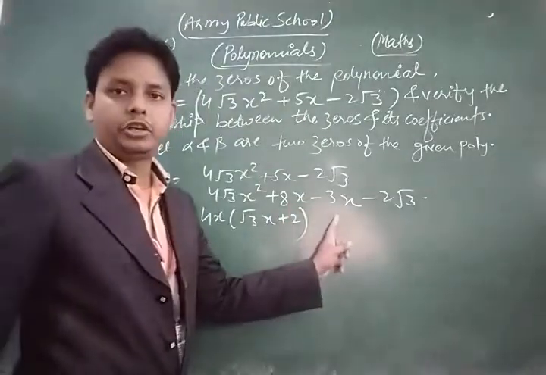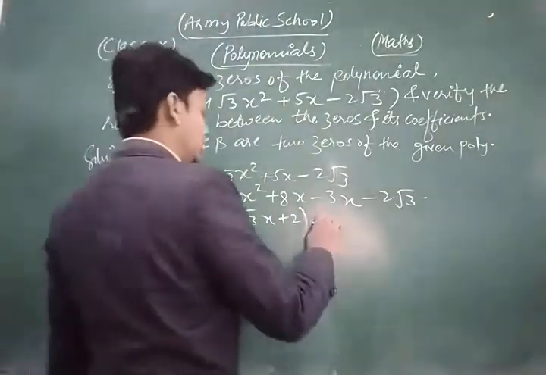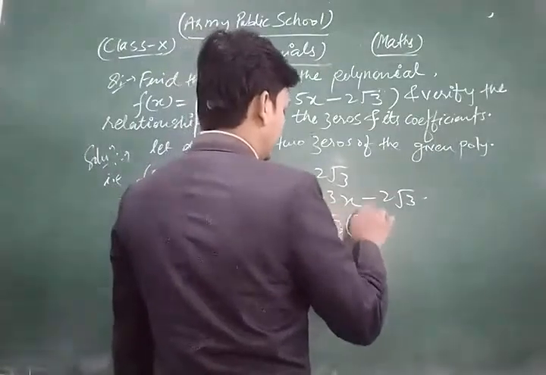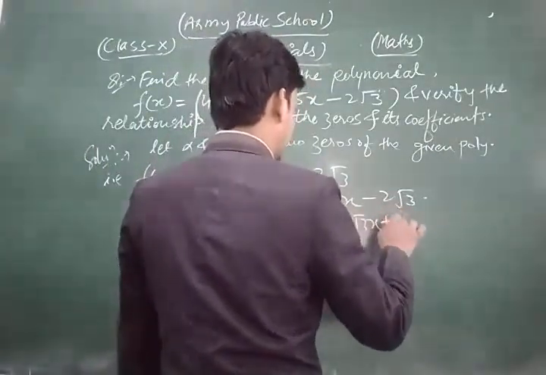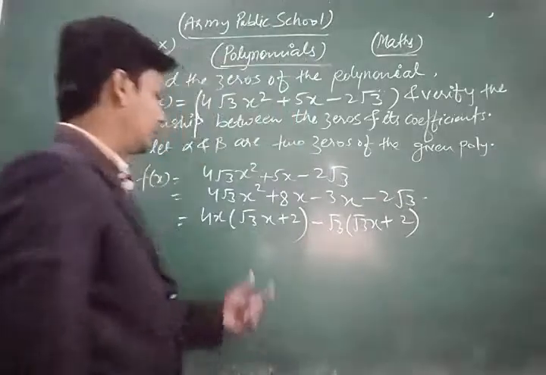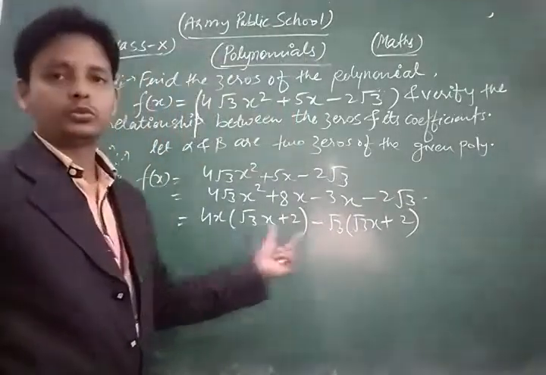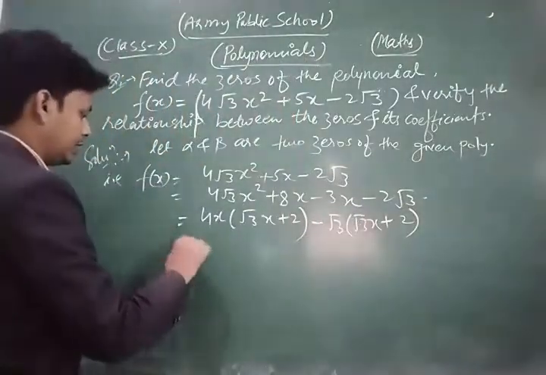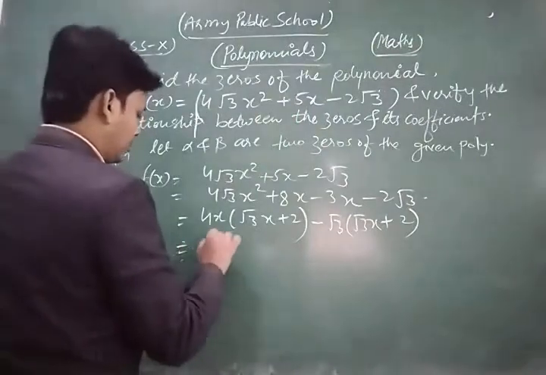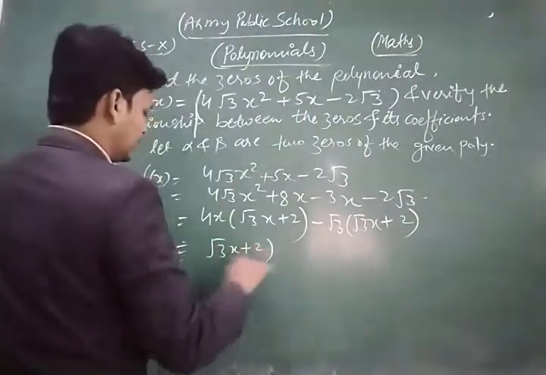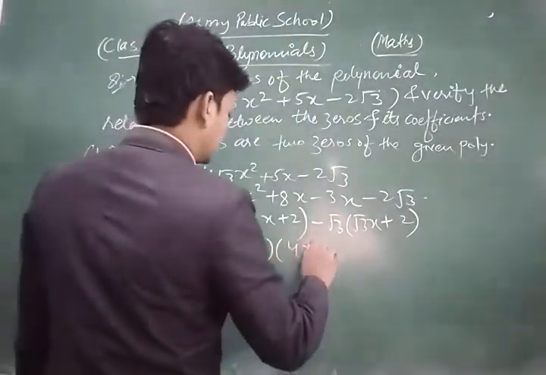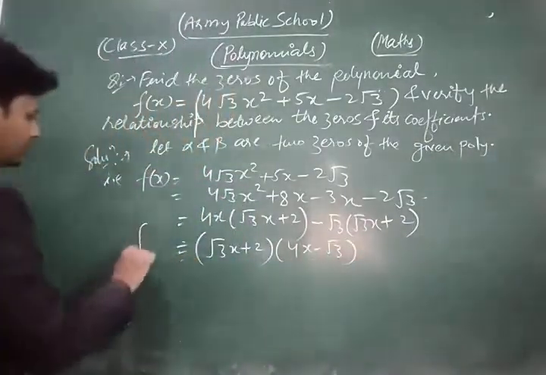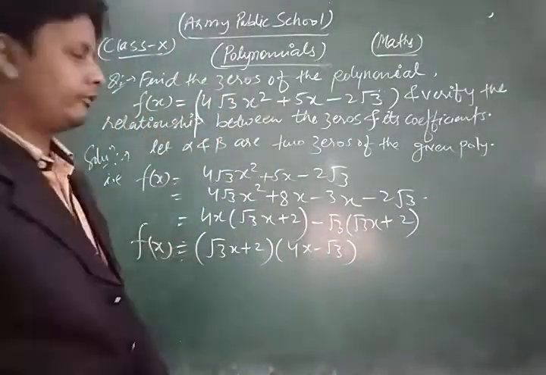Now here 3 we can write as root 3 into root 3, so root 3 is common, and we get root 3 x plus 2. Now root 3 x plus 2 is the same, so we take it common, and in the next bracket this is 4x minus root 3. This is the factorization.